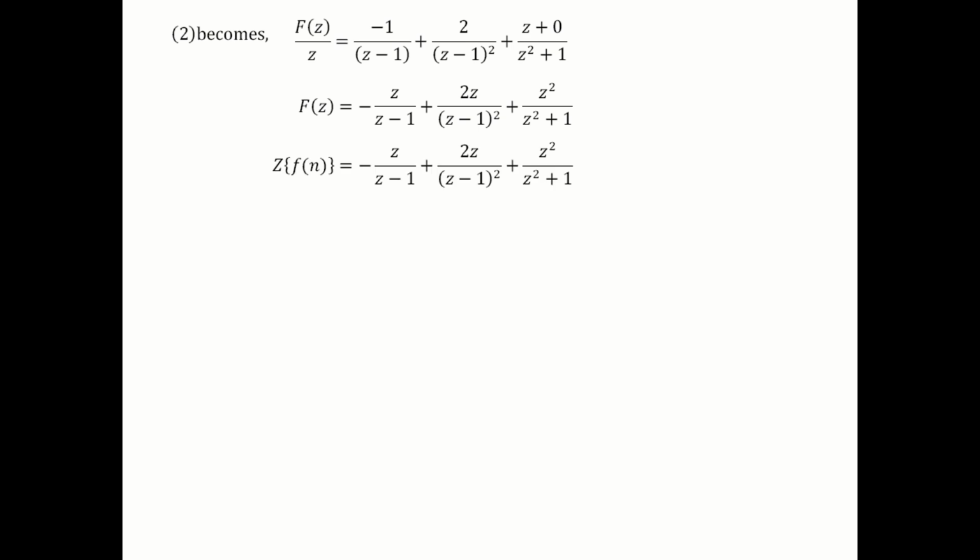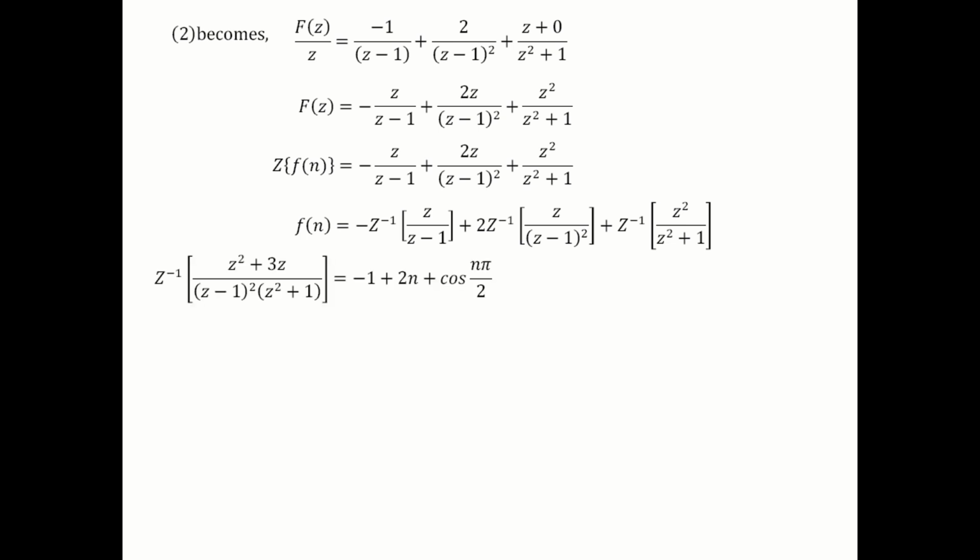We know the formula, z inverse of z by z minus a is equal to a power n. In the first term on the right hand side, we are having 1 instead of a, therefore minus of 1 power n, that is equal to 1. Second term, plus 2 into z inverse of az by z minus a squared, which is equal to a power n into n.